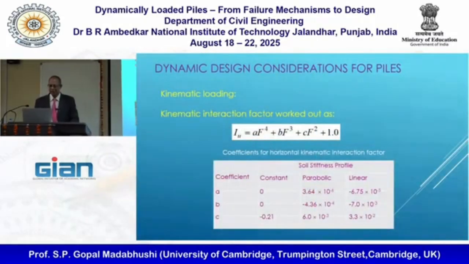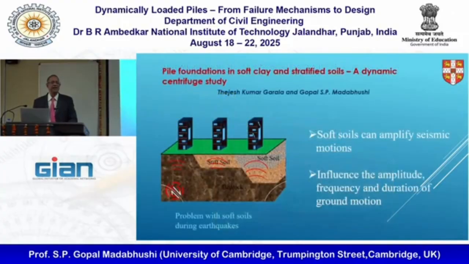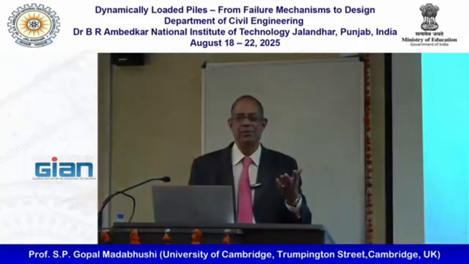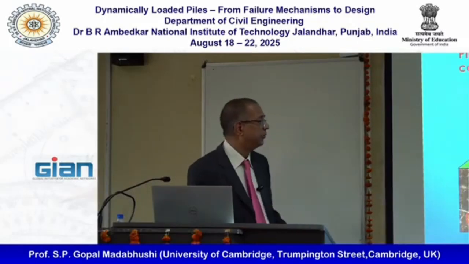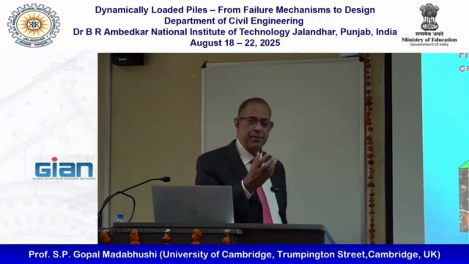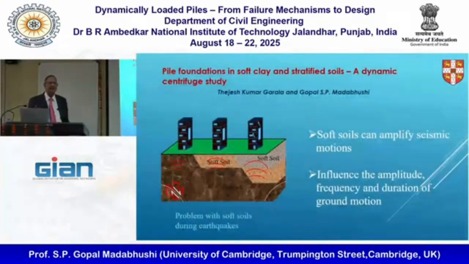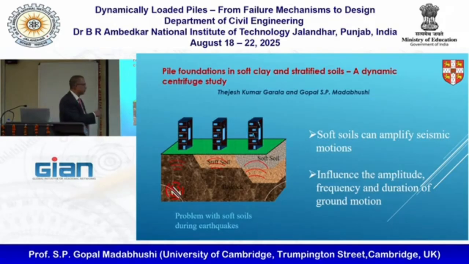Mostly I'm focusing on kinematic interaction, because for inertial interaction I can always take the mass of the building, multiply it with the earthquake coefficient, the PGA, and I should get the total possible inertial load. It can't be worse than that. And I can divide by the number of piles. I'll always get that quite easily. Kinematic interaction is more important because that depends on what the soil is doing as well.